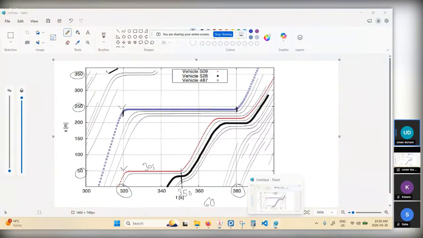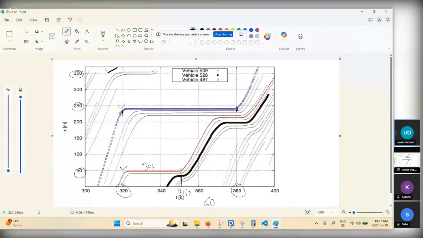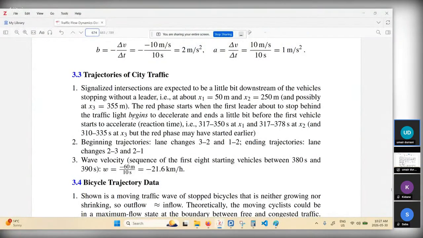So roughly 30 something seconds. And then for x2, it's 317 to 378. Again, 317 somewhere here to 378, so just before this point. That comes out to be roughly 60 seconds also. And then they have also provided us with the red phase for the third one.